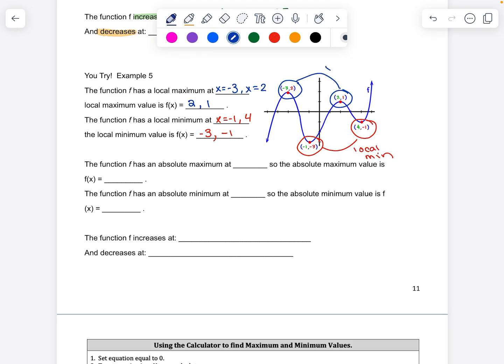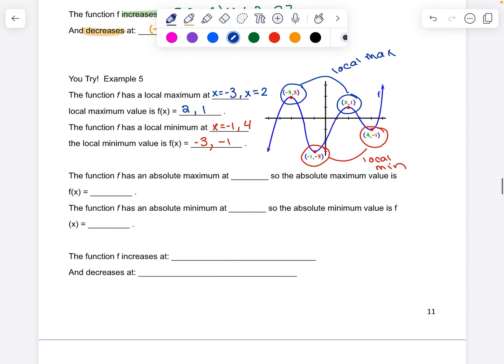These are your local maxes. Okay, when we take a look at the absolute, we don't have endpoints, we have arrows, so we're going to focus in on the points we already have circled, okay? So it can't be one of the endpoints because we don't have endpoints, they're arrows. So where does it have an absolute? The absolute is going to be the highest of the whole entire thing, not including the arrows, though, so it's going to be right here.